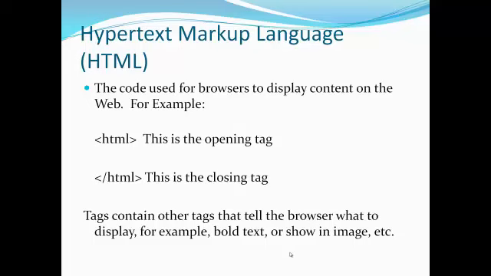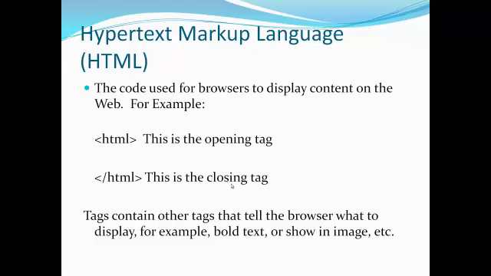So HTML code has what they call tags or elements, and a tag or an element is basically telling the page what to do. If you see in this example, you have an opening tag and there's a closing tag, and basically most of the code that you do will have an opening tag and a closing tag.